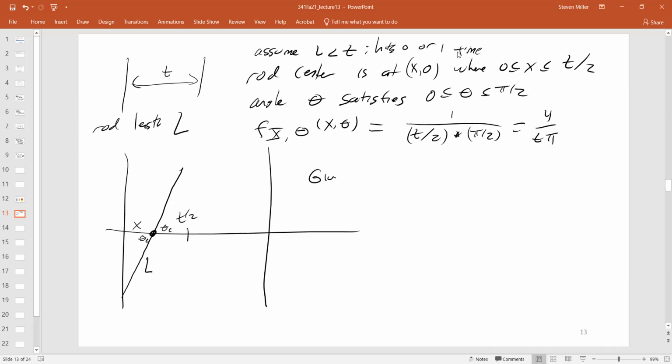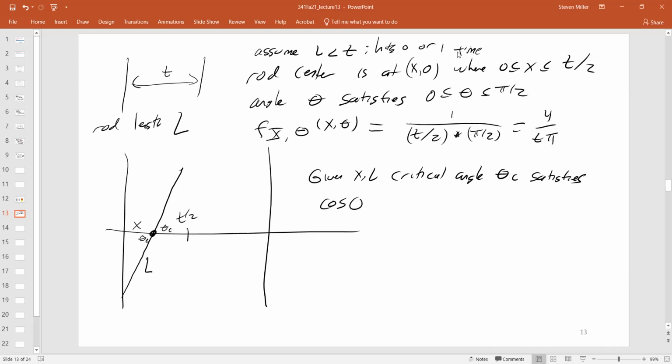So given X and L, critical angle theta C satisfies, so what is it going to be? Not arc sine, arc cosine.